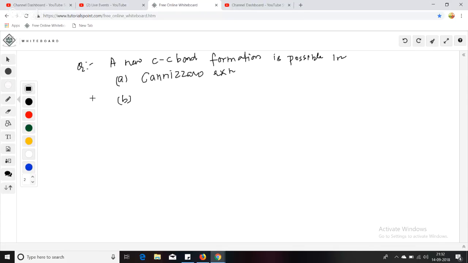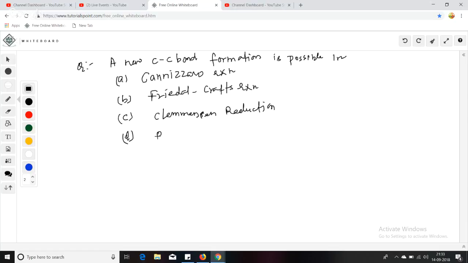Second option, Friedel-Crafts reaction. Third option, Clemmensen reduction. And the fourth option, Reimer-Tiemann reaction. So the point is, in which of these reactions does a new carbon-carbon bond form?